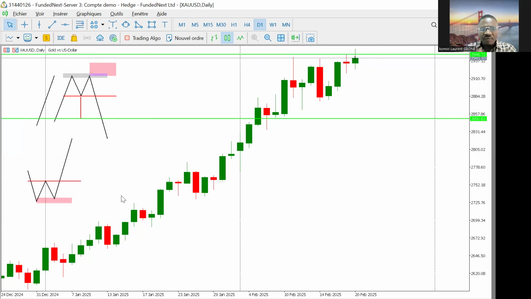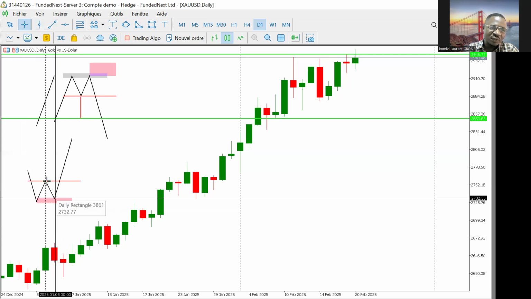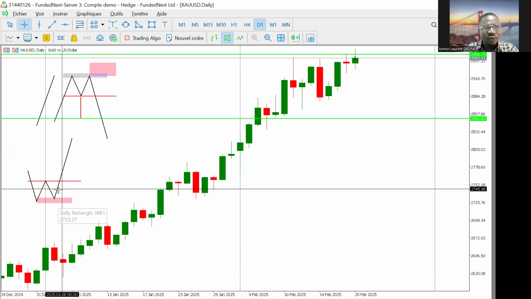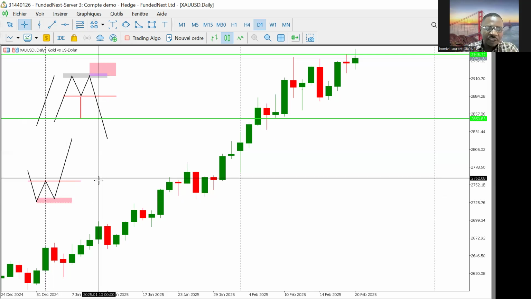Okay. We have some strategies to follow. First of all, you identify the two troughs, forming a W shape. Let me show you the two troughs. This has formed a W shape. The second one, I draw the neckline.